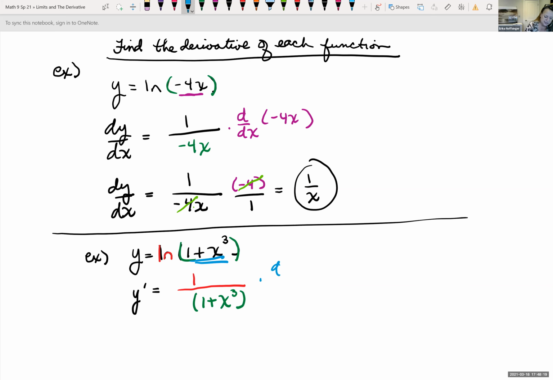So times d dx of 1 plus x cubed. Well, the derivative of 1 is 0, and the derivative of x cubed is 3x squared, all over our denominator. And our denominator was 1 plus x cubed.